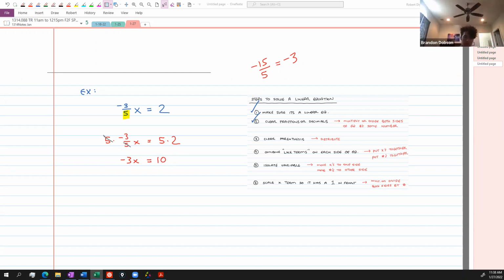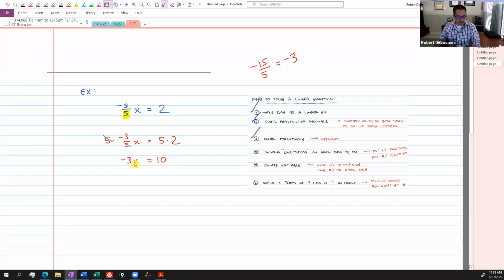Okay, so Garrett, go through the steps here. Do you see any parentheses? No. Okay, done. Do you like terms? On the left side, is there anything you can combine or right side? No, done. Okay, isolate the variable. Is the variable by itself and then numbers on the other side? Yes.